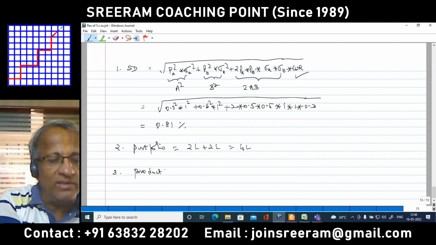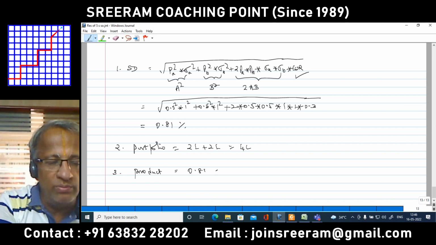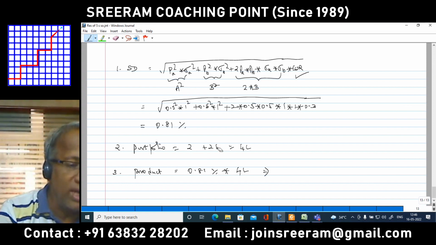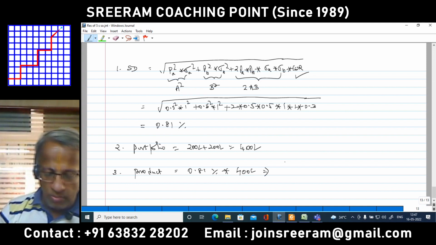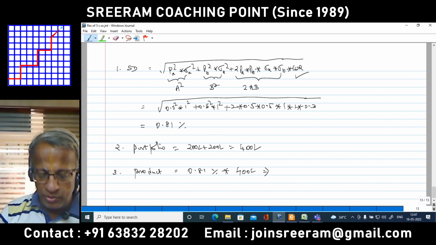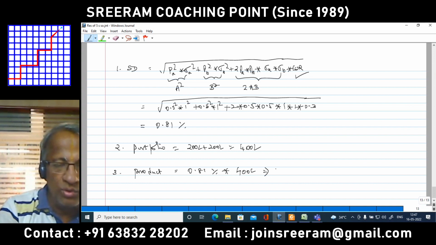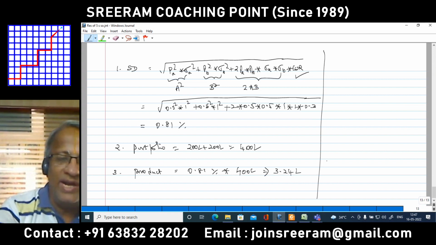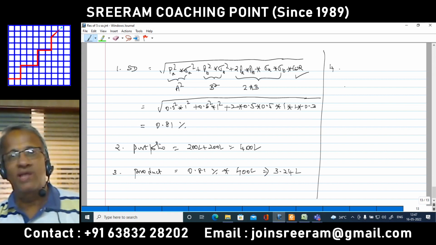Third one is simply a product, which is equal to 0.81% into 400 lakhs. Extremely sorry, 200 lakhs, 200 lakhs, and it is 400 lakhs. Correct? Now, 0.81% into 400 lakhs should give you 3.24 lakhs.